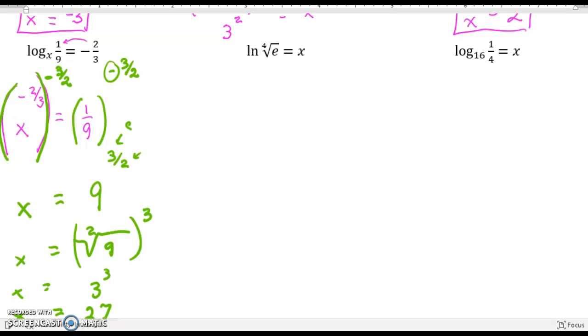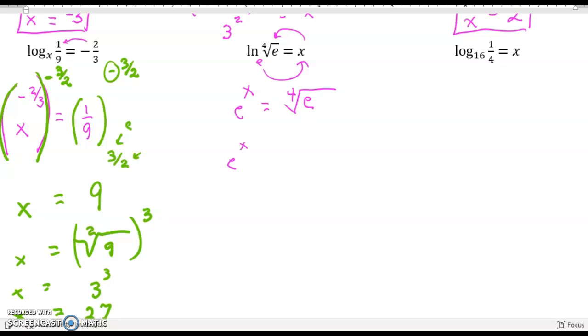Next problem, we have taking it out of log form. We have natural log. We know that the base is e, so that's e to the x equals the 4th root of e.